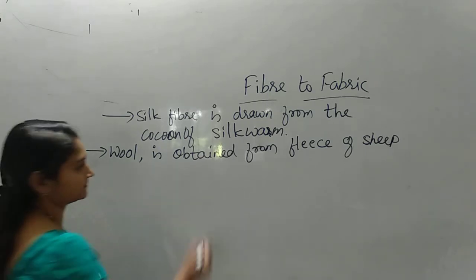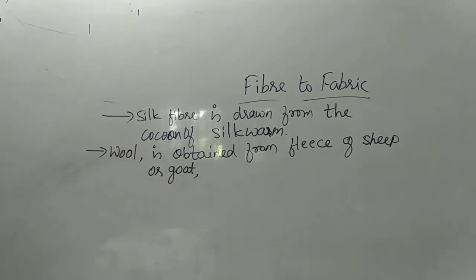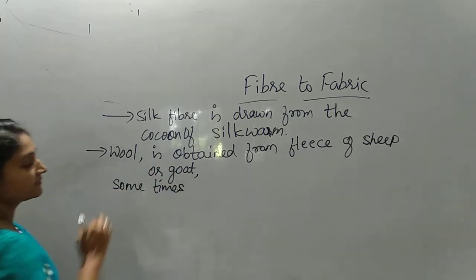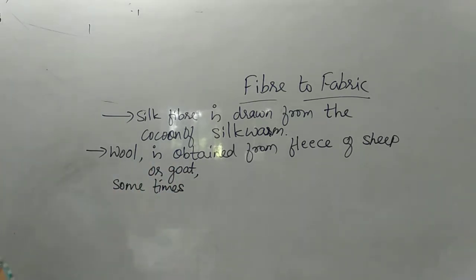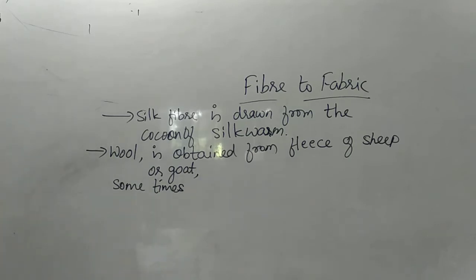Or goat, right? Okay. Sometimes it is also obtained from rabbits, yak, camels, etc. Sometimes, because in some territories we are not getting sheep and goats, there we can use yak and camels in desert places. So they extract this wool from those animals which are domesticated in those areas.